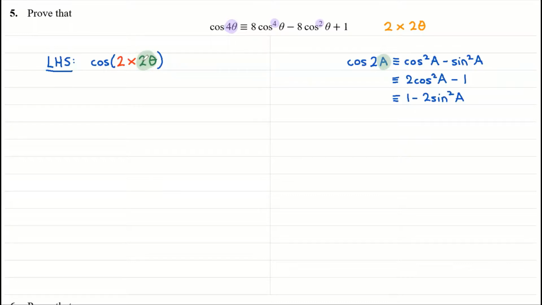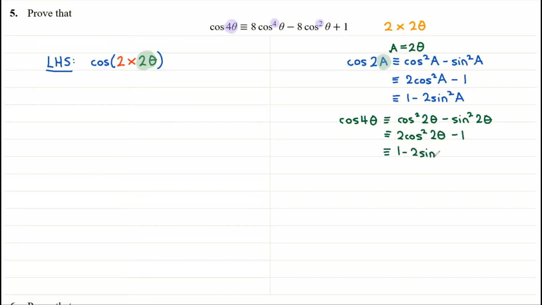So on the summary, what we've essentially got, if I write down cos of 4 theta, and I just replace the A everywhere with 2 theta, is cos squared 2 theta subtract sine squared 2 theta, or you could have 2 cos squared 2 theta subtract 1, or you could have 1 subtract 2 sine squared 2 theta.